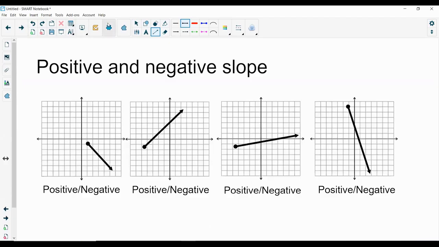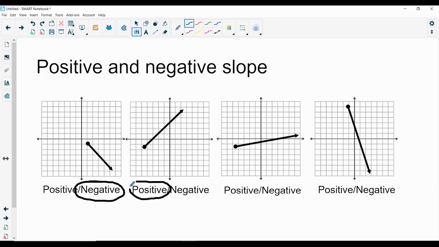Let's take a look at some of these. Can you identify whether it's a positive or a negative slope? Let's take a look at this one. If I start left and I work down, it's going in a downward trajectory, so it is negative. If I start here and I follow the line, it's headed up. That means it's headed in a positive direction.